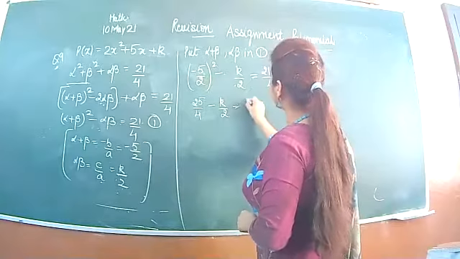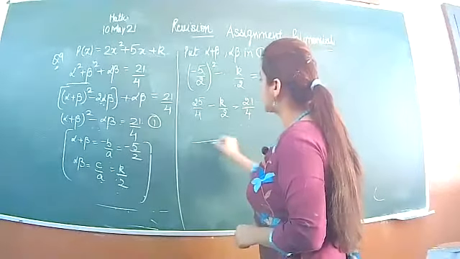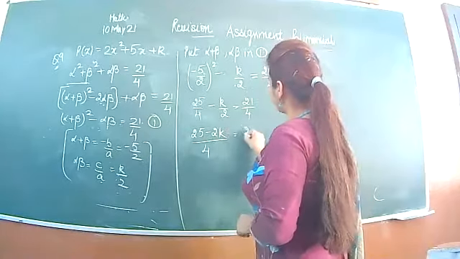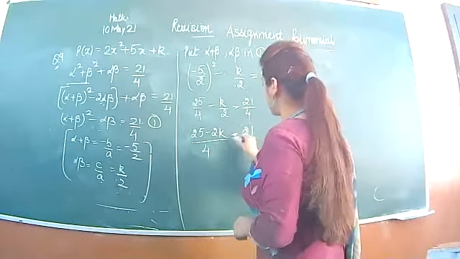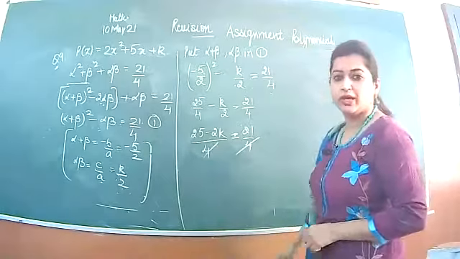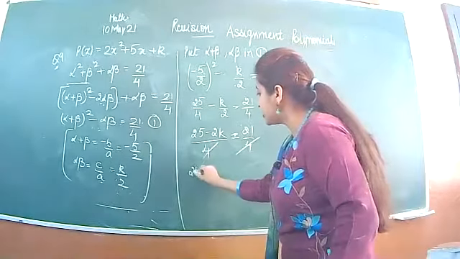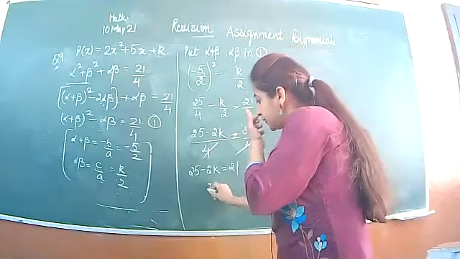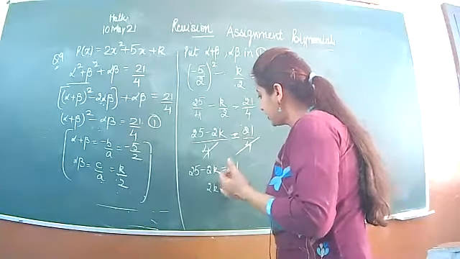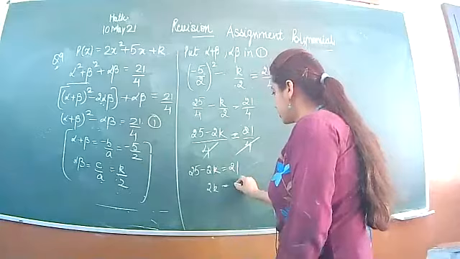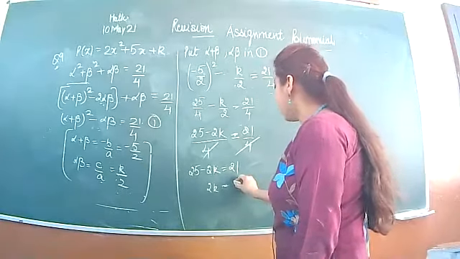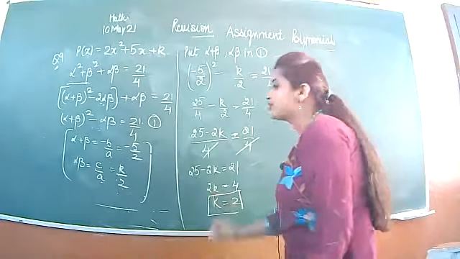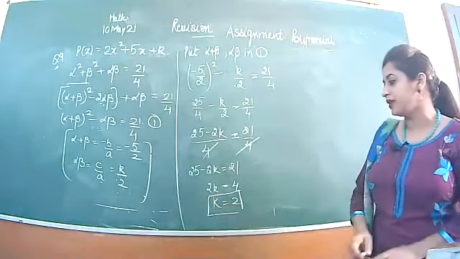Minus k by 2 is equal to 21 by 4. Take LCM. This is 25 minus 2k over 4 is equal to 21 by 4. 4 will cancel out. We are left with 25 minus 2k is equal to 21. 2k is equal to 4. k is equal to 2. So here we are getting only one value of k.